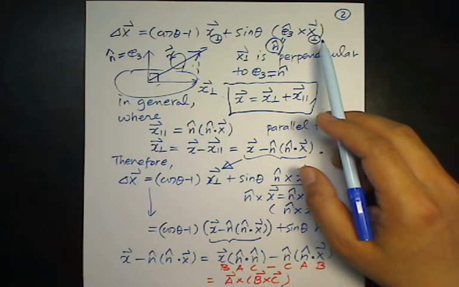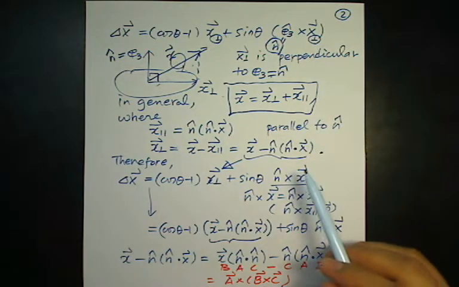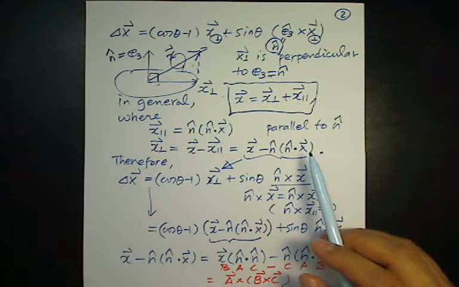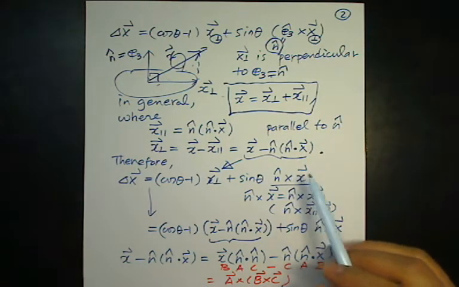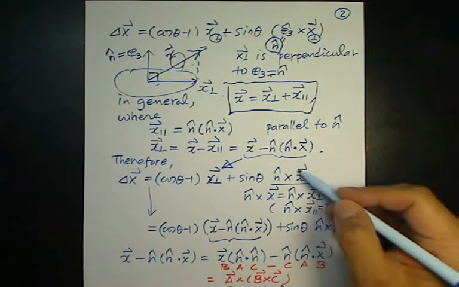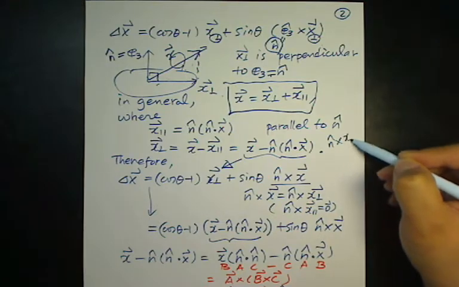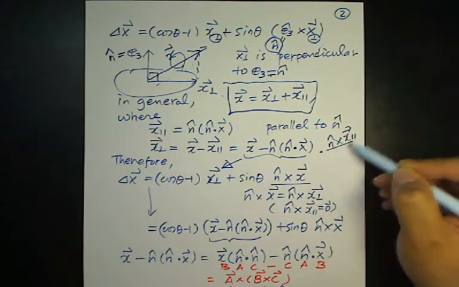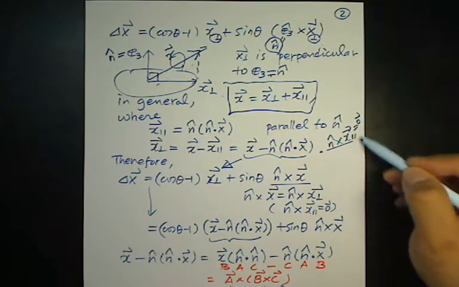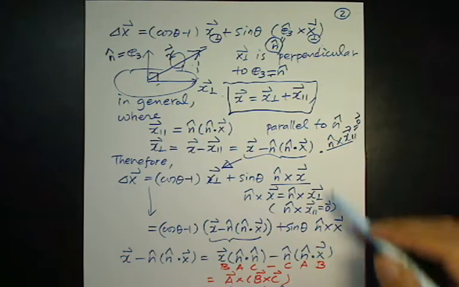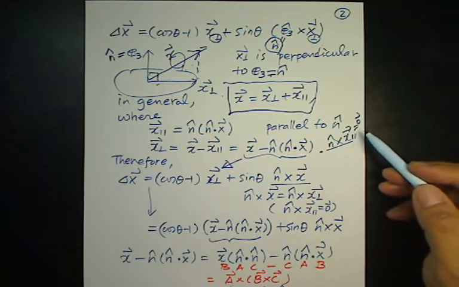Actually, it used to be perpendicular. However, even though I include this parallel component, n hat cross x parallel is 0, because x parallel is parallel to n hat, and n hat cross n hat equals 0.